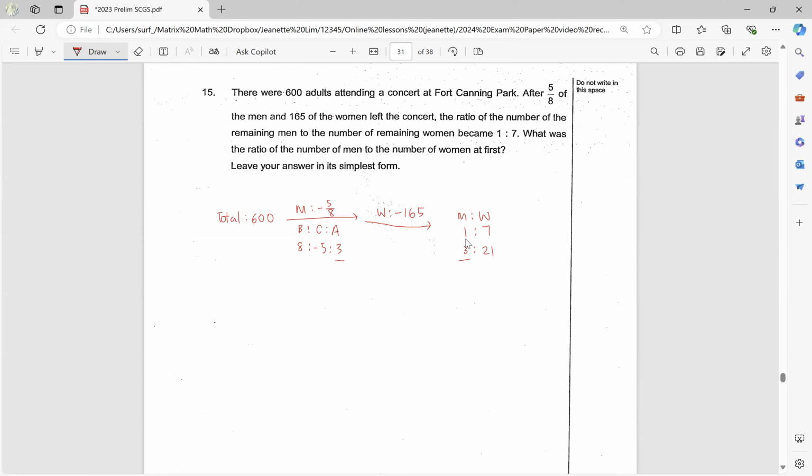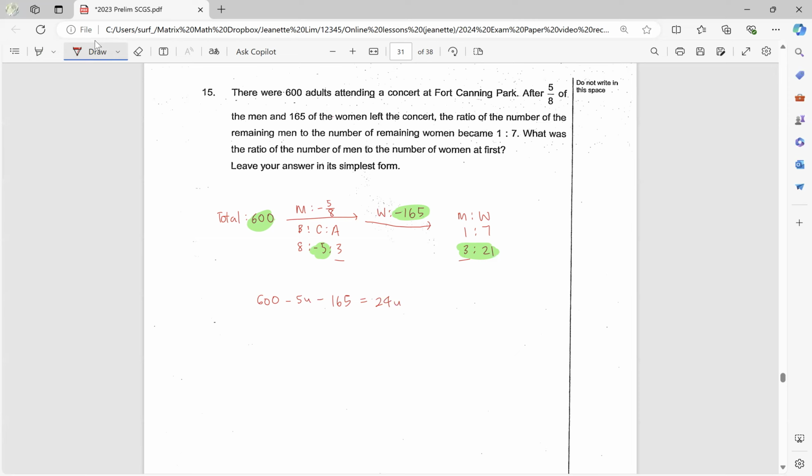Now, what we're going to do next is I'm going to go from left to right. Starting with 600. Then we take away 5 units. We take away 165 to end up with 24 units. So in an equation, 600 minus 5 units minus 165 equals 24 units.